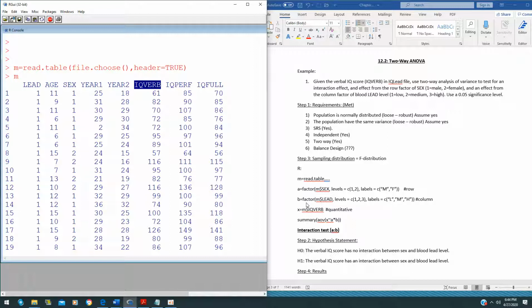So B, which is your column factor, is factor of M lead level, with levels c(1, 2, 3), because you have 3 levels. 1 is considered low, so I put L, 2 is considered medium, I put M, and 3 is considered high, so H.